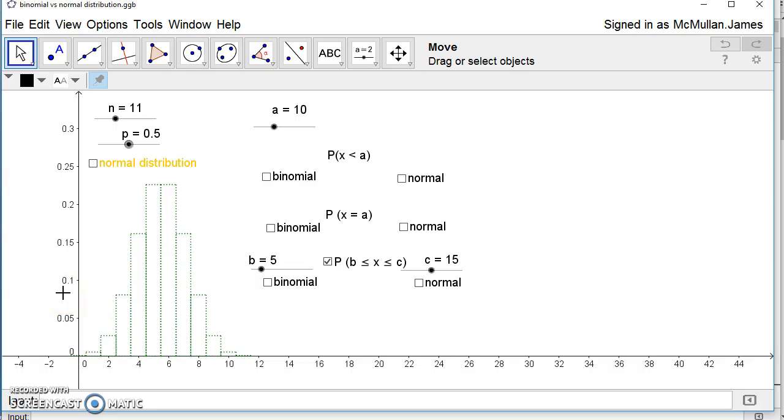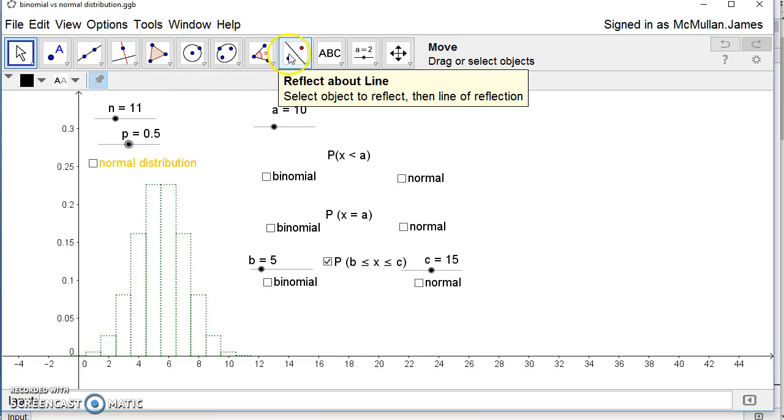It is what we do when we are performing an experiment over and over and over again, and the experiment is either true or false. It's either pass or fail, yes or no. If you think about the ones I mentioned before, boys and girls, left or right, and heads or tails, all of those are yes or no type questions.